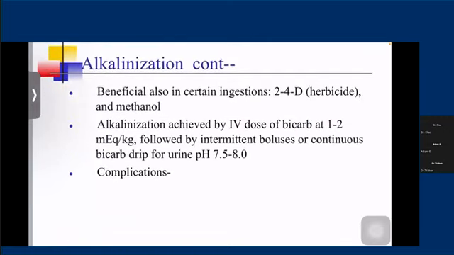We can also consider it for 2,4-D and alcohol poisoning. Alkalinization is usually done by giving sodium bicarbonate at a dose of 1 to 2 milliequivalents per kg. Associated complications include worsening of hypokalemia, hypernatremia, fluid overload, and metabolic alkalosis. Whenever we administer such medication, we have to anticipate the complications and treat accordingly.